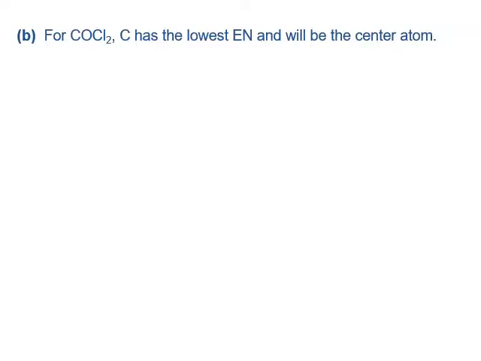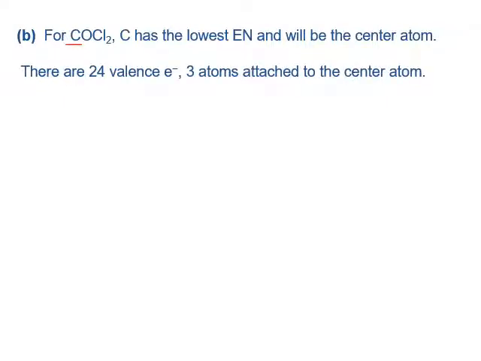For COCl2, the same thing you have to do. C has the lowest electronegativity, so C will be the center. So you rearrange. How many electrons? Carbon is 6, plus oxygen, which is 6 as well, is 12.